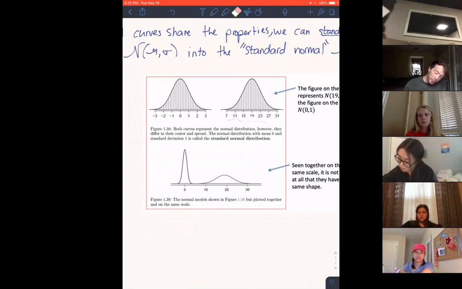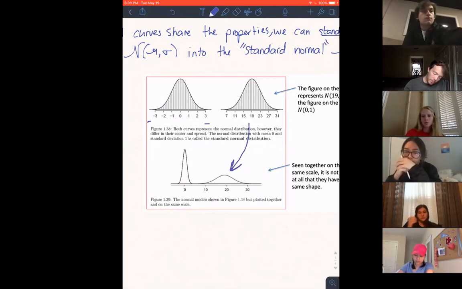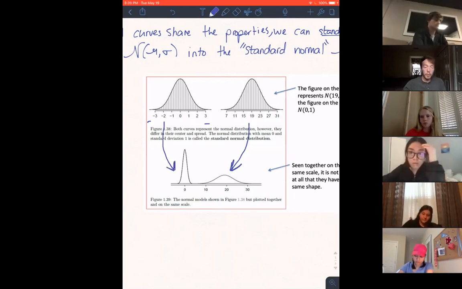Note the only difference between the two of these is the x-axis. This goes from 7 to 31, and this one goes from -3 to 3, centered at 0. If I drew them on the same scale, the curve on the right would correspond to this one, and the curve on the left would correspond to this one. So they're different curves, but they're both still normal curves.